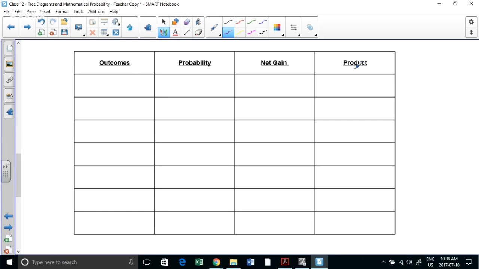You pay money. And then you could win money back, or you could lose money. Or you could just get nothing, but you've still paid that money out. So the net gain is how much money you lose or gain from getting this outcome. And the product is the probability times the net gain.